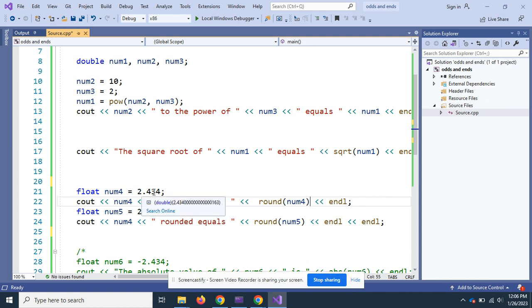So this 2.434 is going to round to 2. 2.634, this next line, is going to round to 3. Always, no matter how many places past the decimal you go, the old rounding that you learned back in the third grade is going to apply.